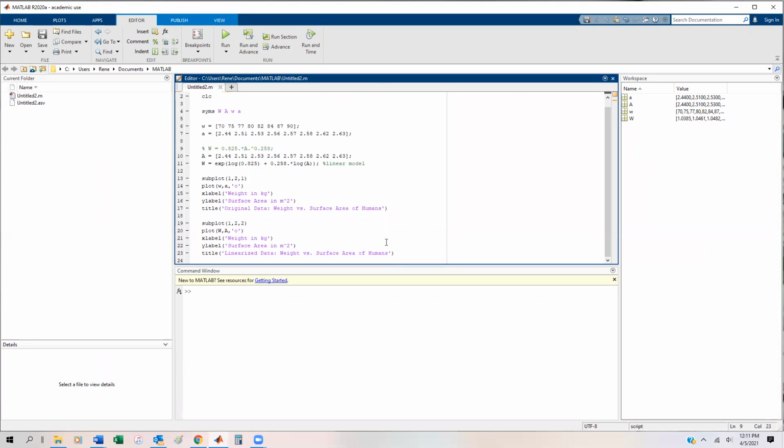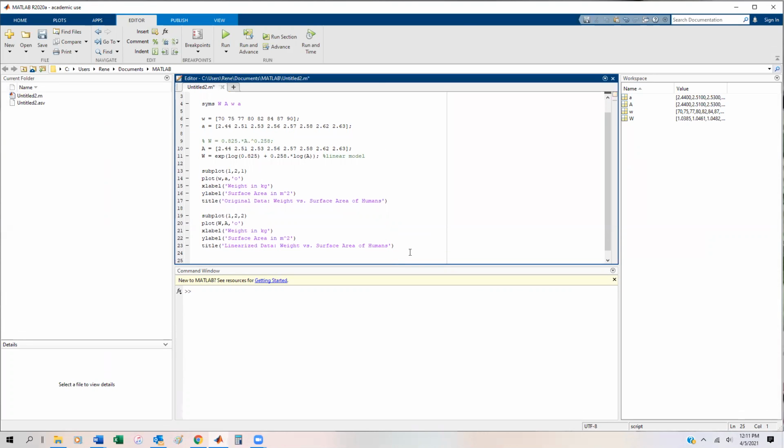So, correlation coefficient. Remember, we can say R is equal to corrcoef, and our linearized data is A and W, capital.